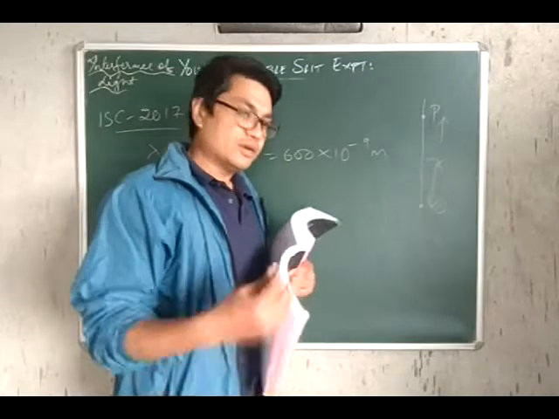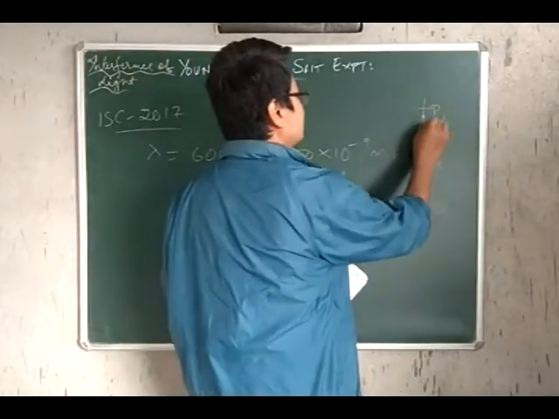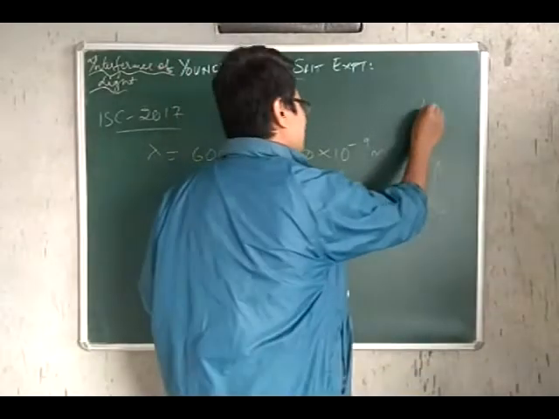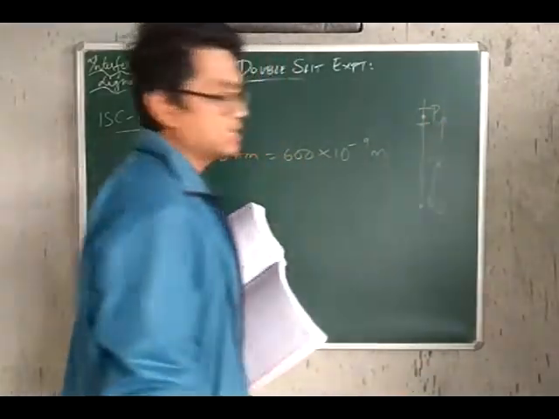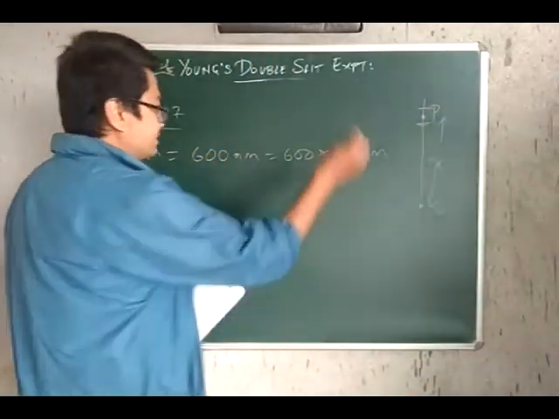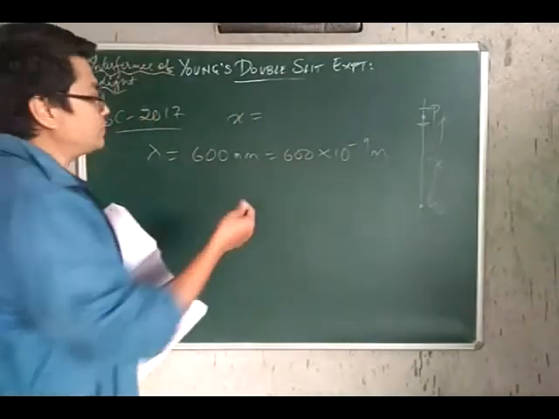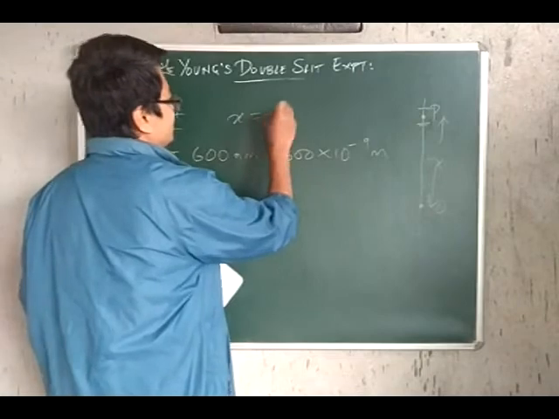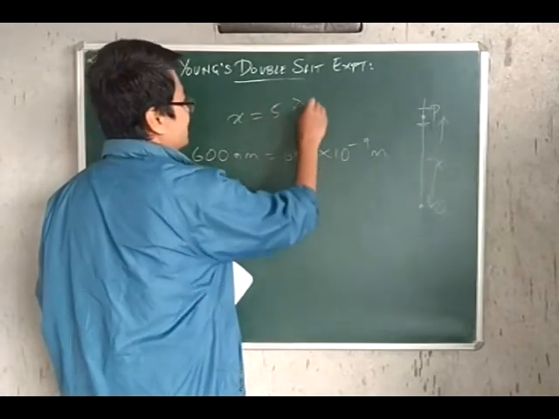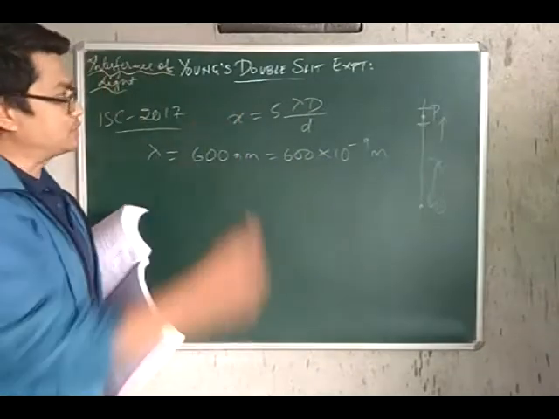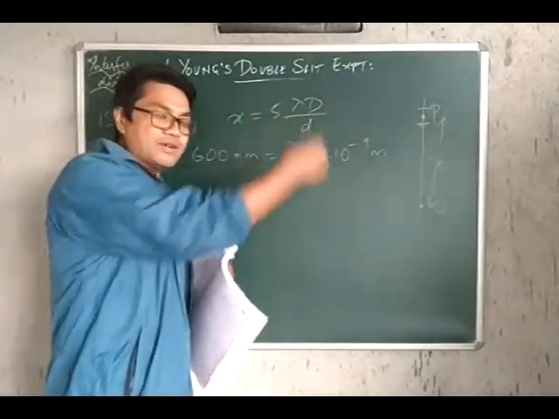Now if our fifth bright fringe happens to be at point P, then we know x, the position of the fifth bright fringe, is given by 5 lambda capital D by small d.